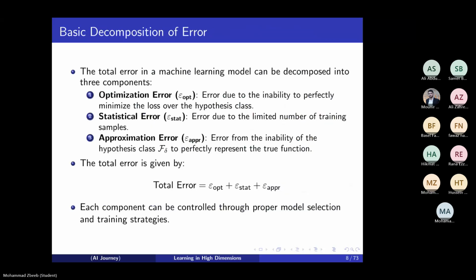Yes. Those three errors are implicitly within the cost function. Within the cost function, you pay for the point-wise difference between the label and the approximated answer. But implicitly, you're paying for three things.